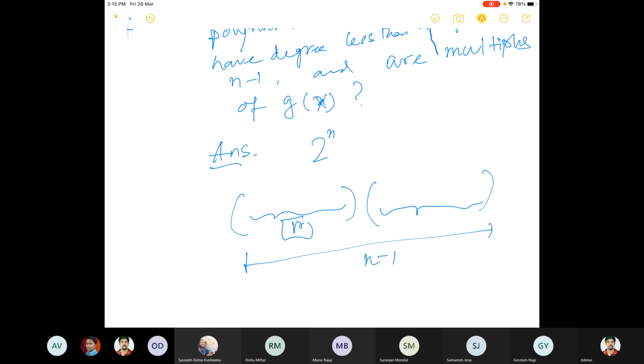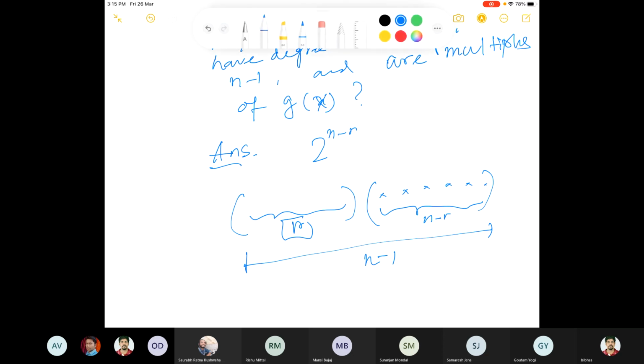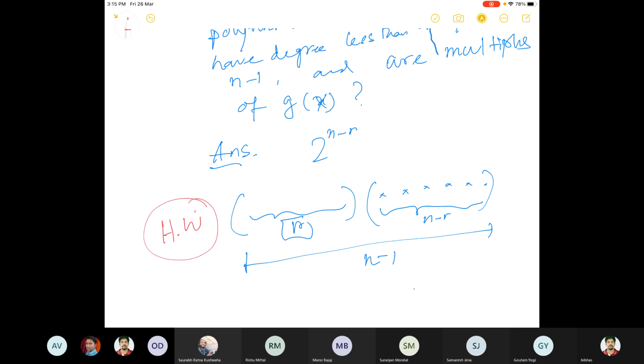The length is n, minus r, and these are the coefficients, n minus r. So this will be 2 to the power n minus r. That is my answer. This is homework. Think about it. Okay, the answer is 2 to the power n minus r.